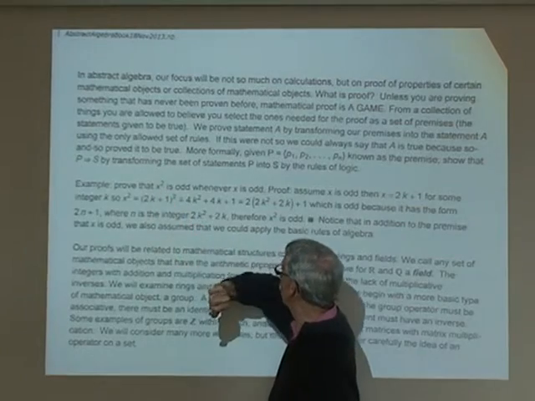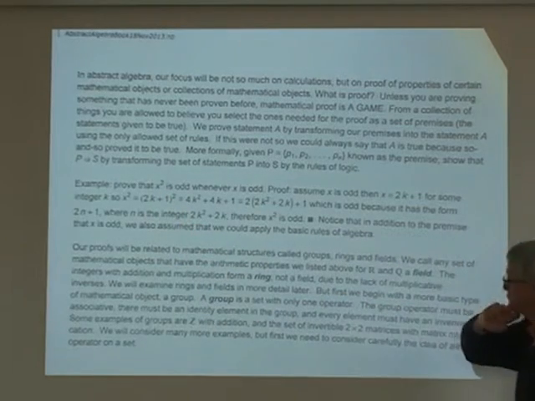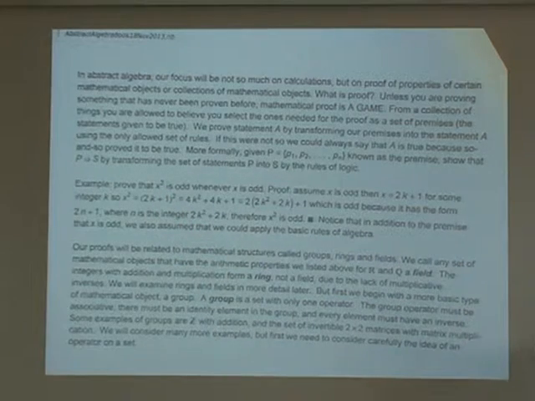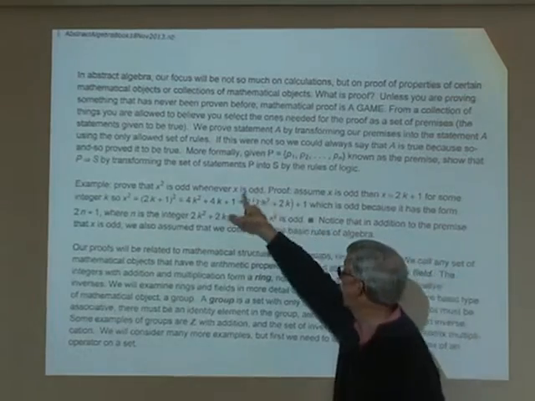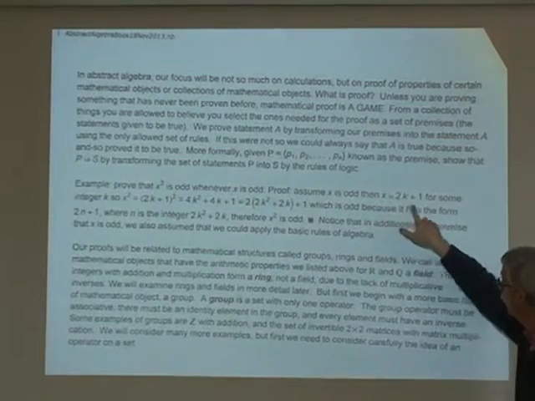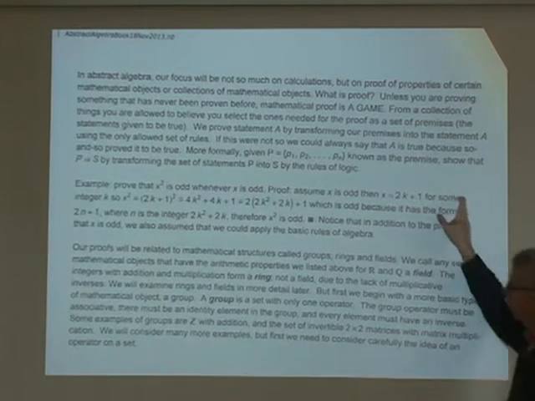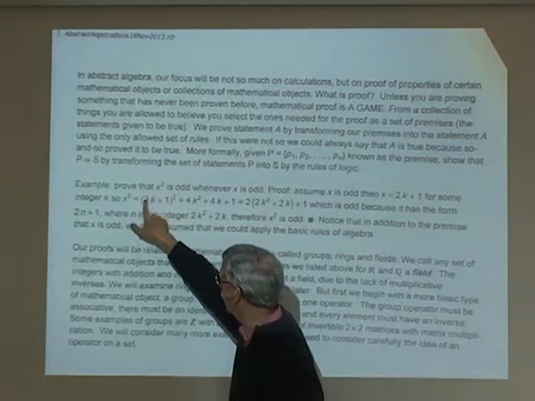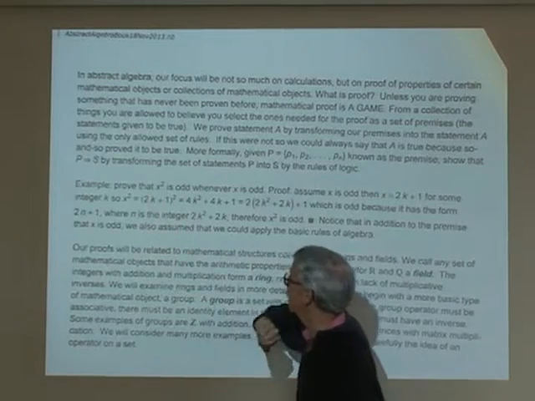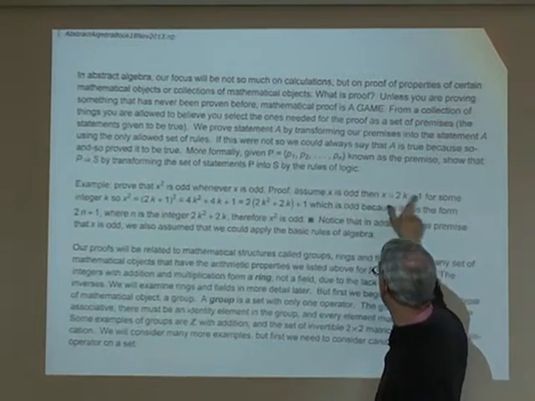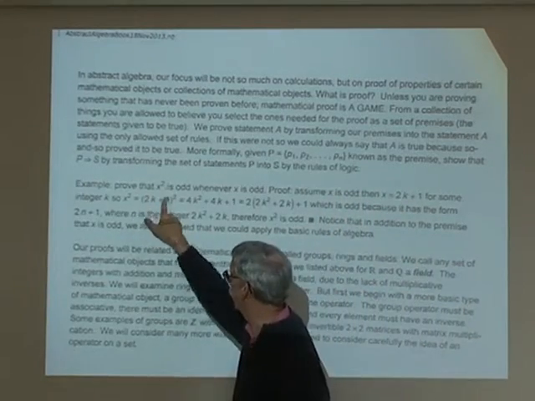Prove that x squared is odd whenever x is odd. Well, the premise is going to be that x is odd, right? And that means I can write it this way, because that's the form of every odd number. So x squared then must be, by substitution of equal values, if x looks like this, then x squared looks like that.